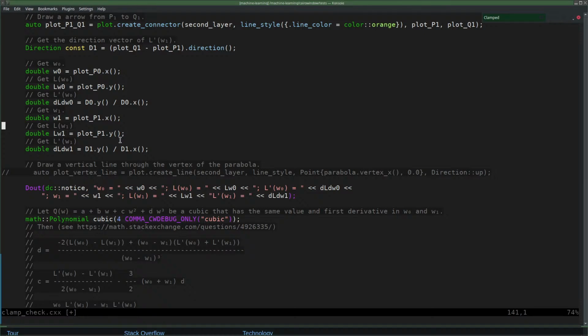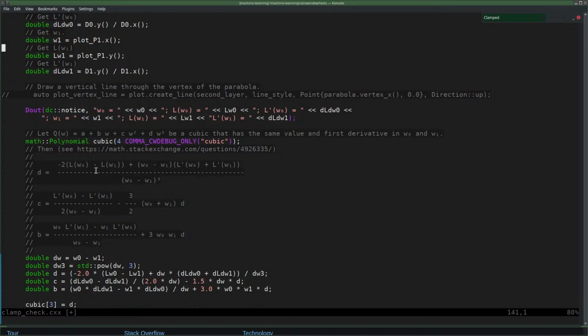But then P1 and D1. Hello, box. Only a polynomial cubic has 4 coefficients, I mean.